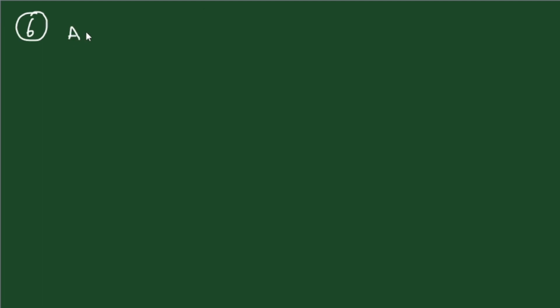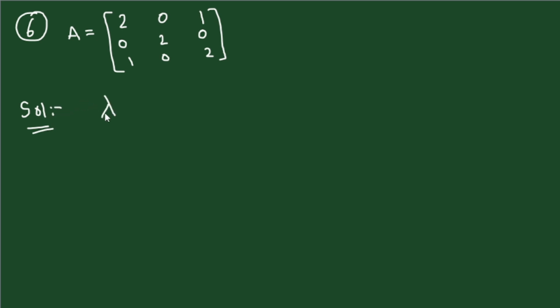Now this is a typical problem, somewhat different. We have to go through it, then only we will understand. If you find the characteristic equation, you will get lambda cube minus 6 lambda square plus 11 lambda minus 6 equal to 0.